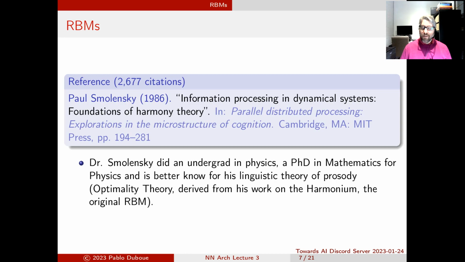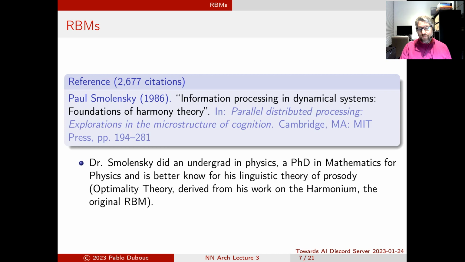He did an undergrad in physics, a PhD in mathematics for physics, but now he is world known for his contributions to the linguistic theory of prosody, of how we pronounce words. It's called optimality theory, and that optimality theory, in turn, is derived from his work on the harmonium, the original RBM. So, a very interesting career. On top of that, he's also a Microsoft associate scientist. So a fairly successful scientist.